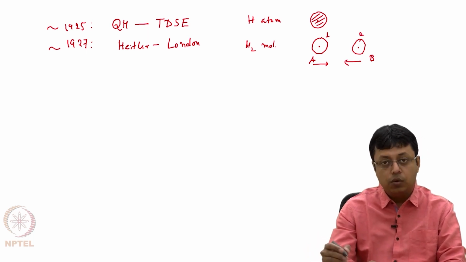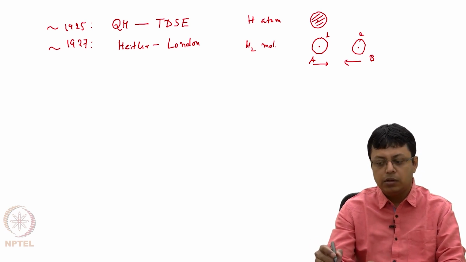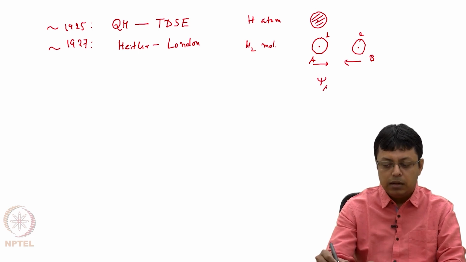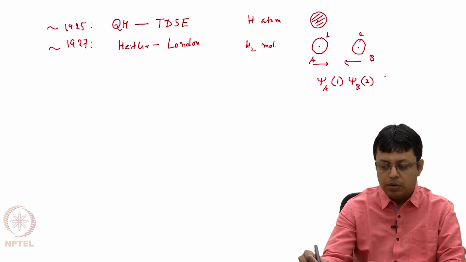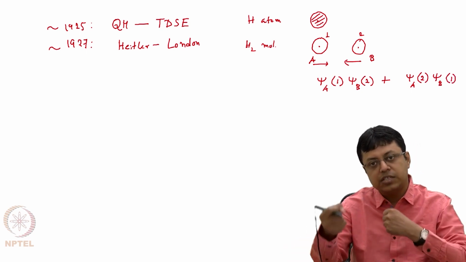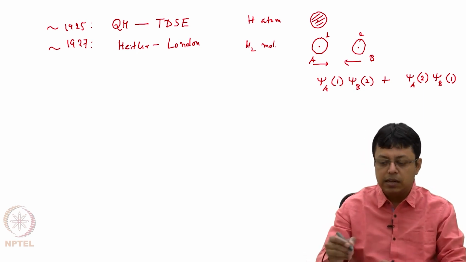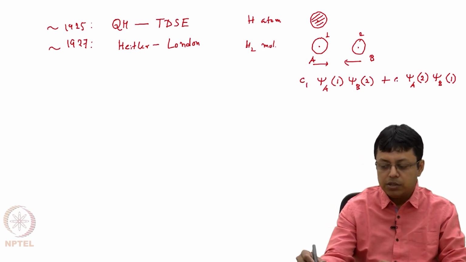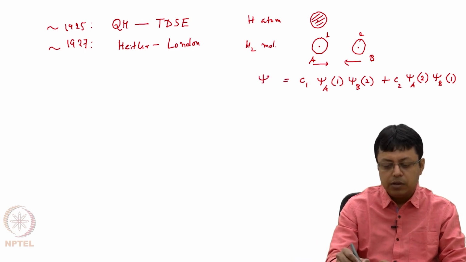They showed that the total wave function can be written as a product of the two individual atoms' wave functions, with electron 1 in A and electron 2 in B, but there will also be another contribution: when the bonding happens, electron 2 goes to atom A and 1 goes to atom B. So it is as if the atoms are exchanging the electrons. This was their formulation of the total wave function of the molecule.